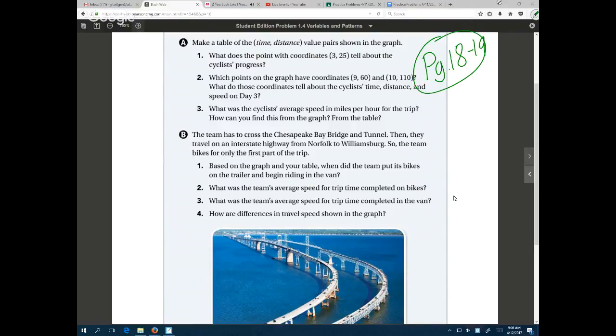On 9 and 60, I was right. You gotta do this first. All these questions are based on what you did. Use this table. The graph on page 18. You gotta take this and make a table for it. So then you go on the next question. That was pretty legit. Like possible.